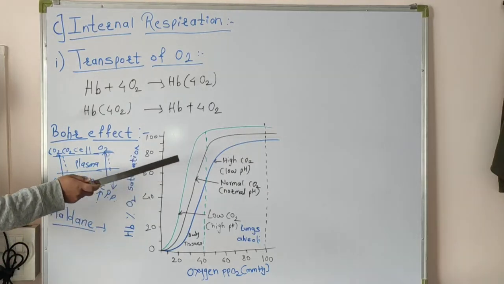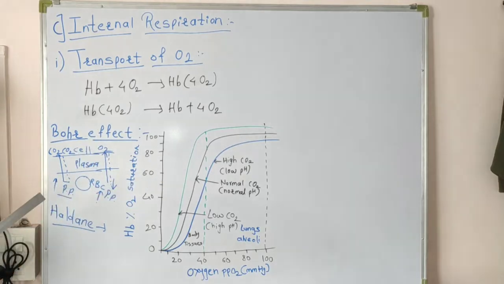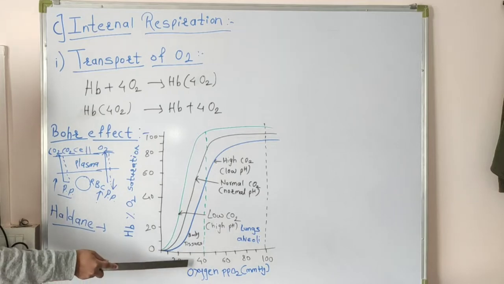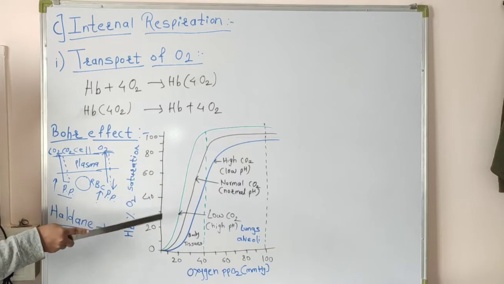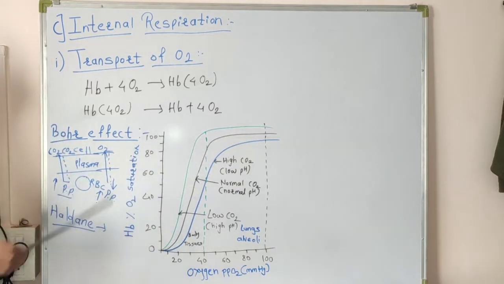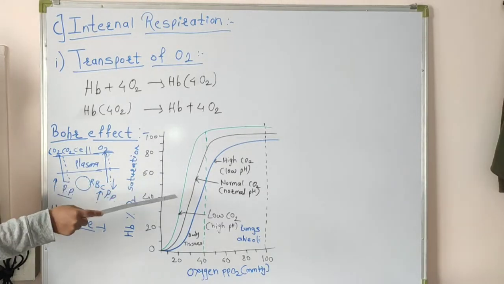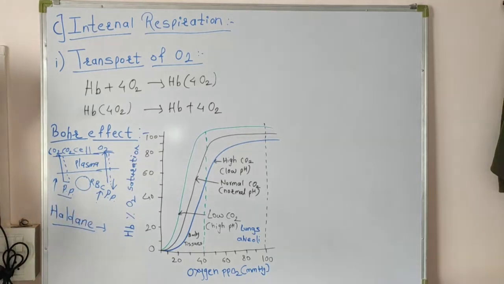That means this curve, that means this graph. Basically, the relationship between hemoglobin saturation and the partial pressure of oxygen is called the oxygen dissociation curve. This curve shows the dissociation of oxygen on the basis of the partial pressure of oxygen.